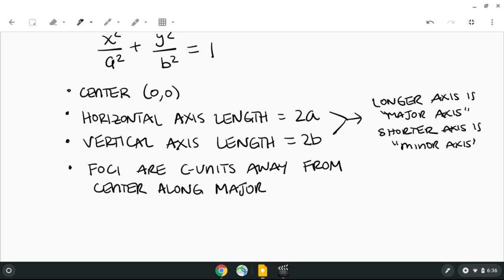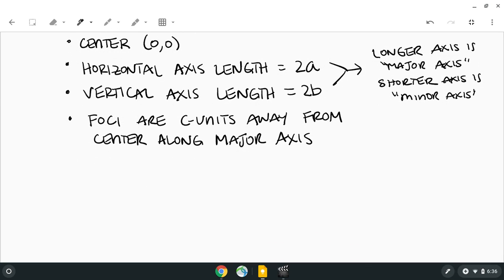So you'll need to know which one is the major axis, and again, it's the larger of the two denominators. If x squared has the longer denominator, then you'll go sideways. If y squared has the bigger denominator, then you'll go up and down.